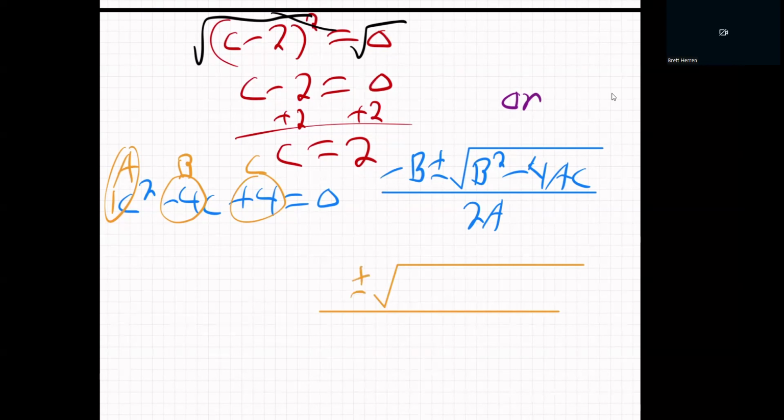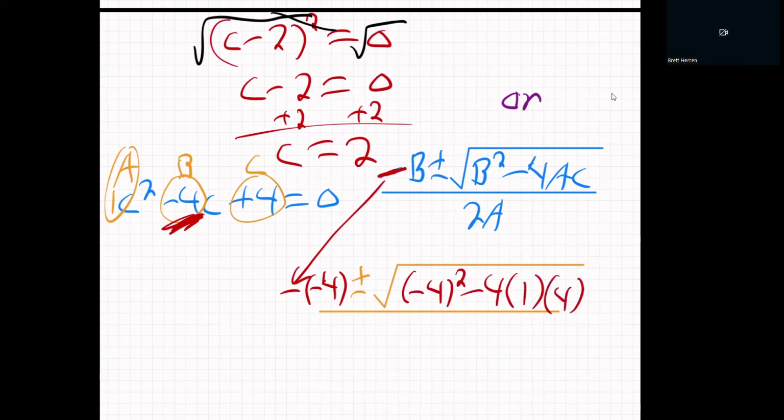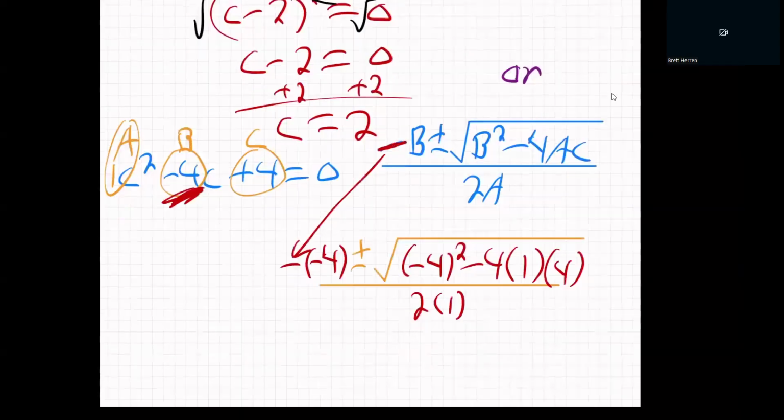So we'll say, okay, negative b. So here's b. It's negative 4. It's going to become positive 4. Huh? So it's a negative sign from the formula, and the b is also negative. B squared minus 4 times a times c all over 2a.